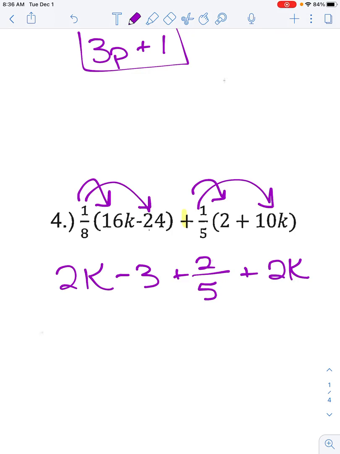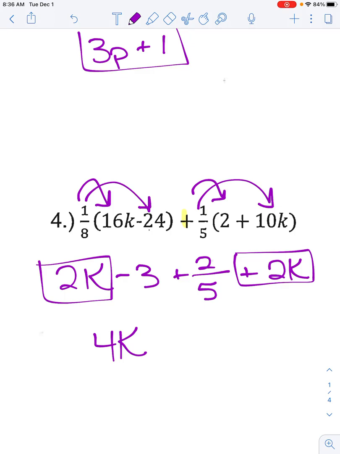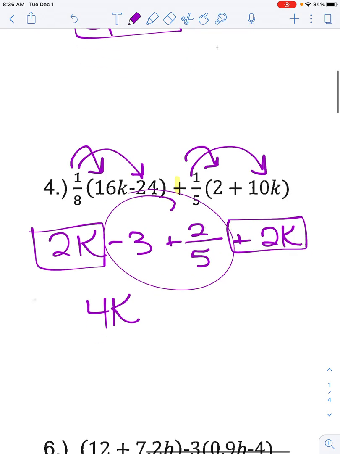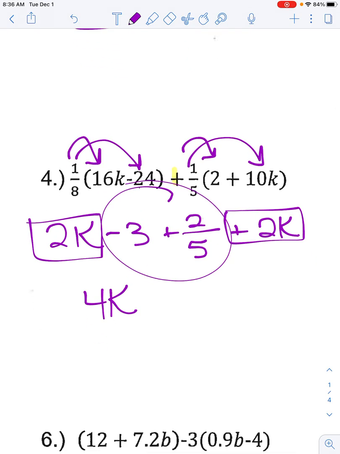Now we can combine our like terms. I have a 2k here plus 2k here. That gives me 4k. And now I have a negative 3 plus 2/5. Different signs, find the difference, and I have more negatives. So my answer is going to be negative. And then you're just finding the difference between 3 and 2/5.